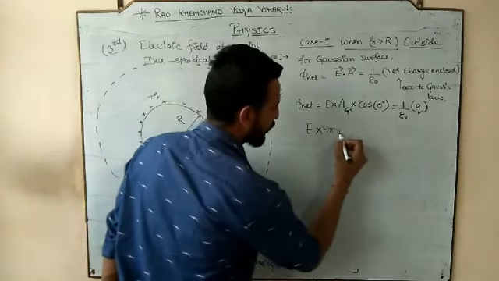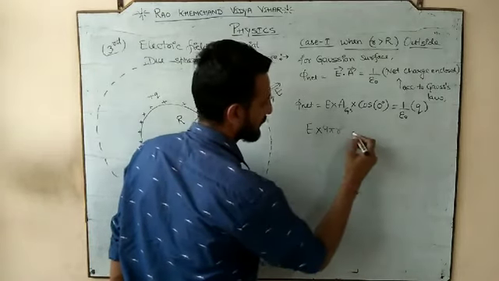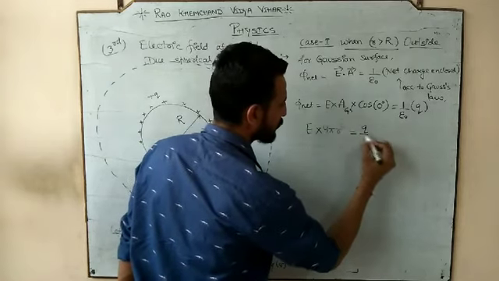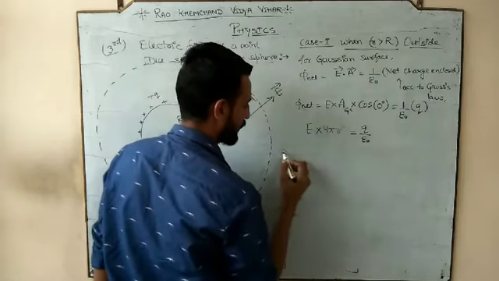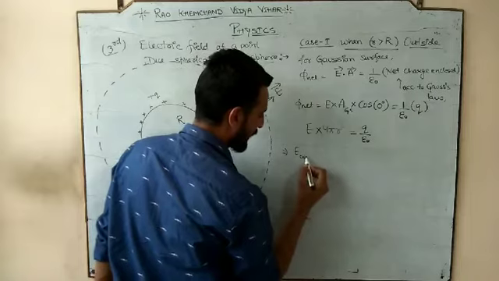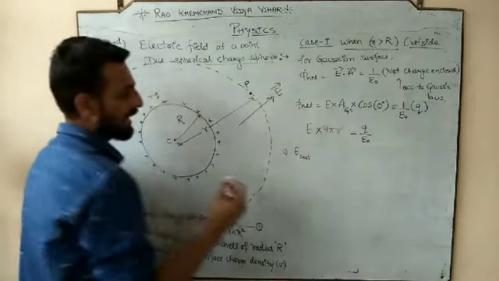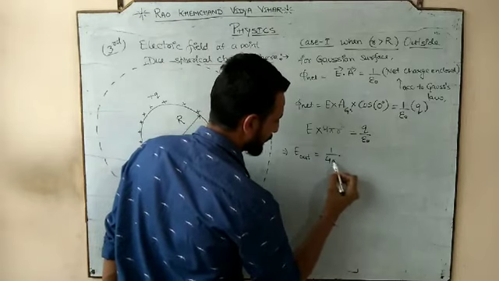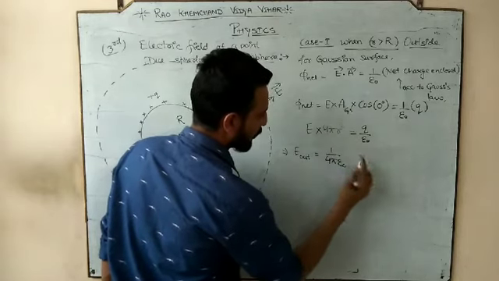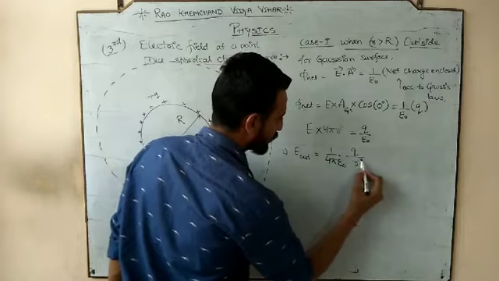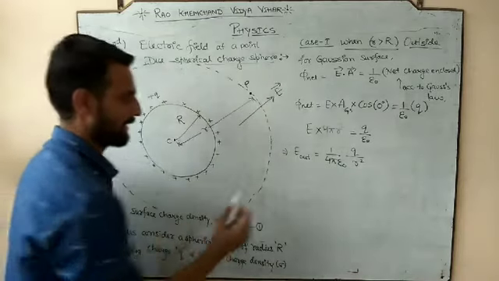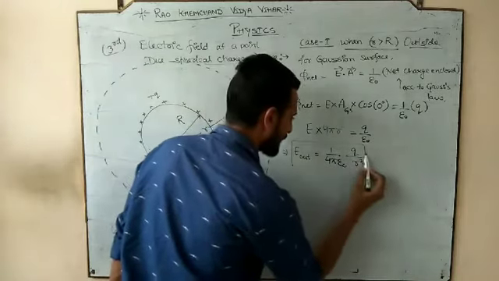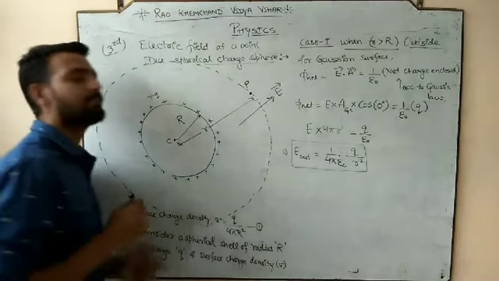So it would be E times 4 pi r square is equal to Q by epsilon naught. And the electric field outside, if you divide at the bottom, becomes 1 by 4 pi epsilon naught Q by r square. That is the electric field at point P.